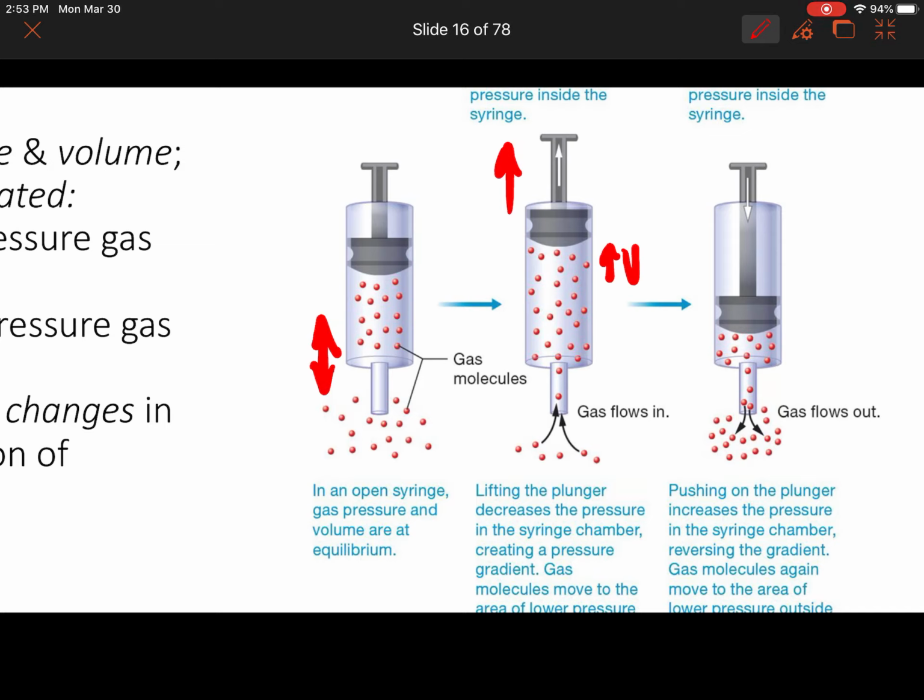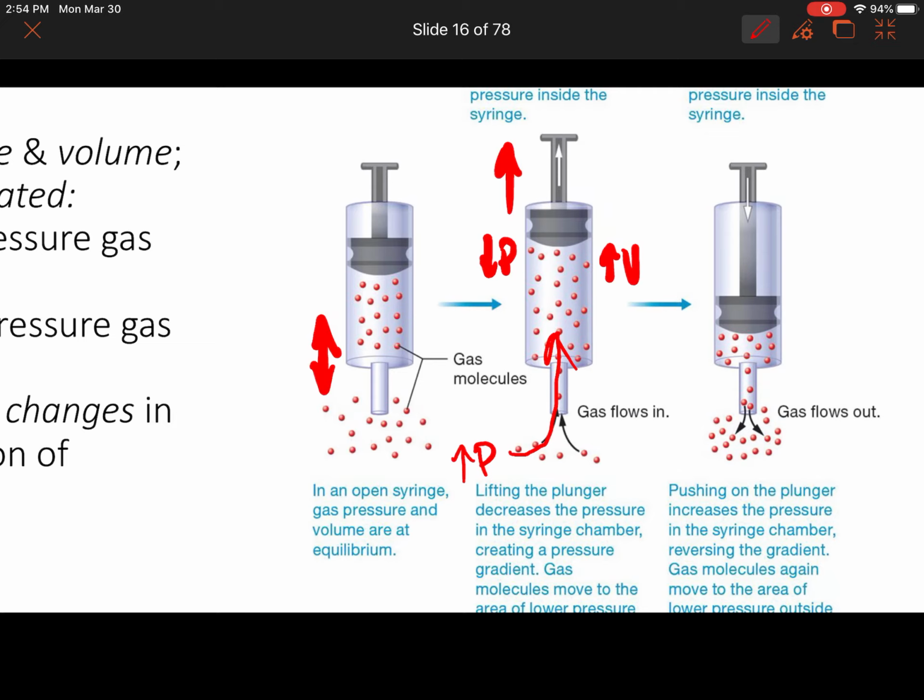And because the pressure is lower inside the syringe, that produces a pressure gradient between the inside and the outside of the syringe, and the higher pressure outside of the syringe helps to basically push more gas molecules into the syringe. So that is similar to basically inhaling. The pressure inside of the lungs is less than the pressure outside, and that helps to draw air in.